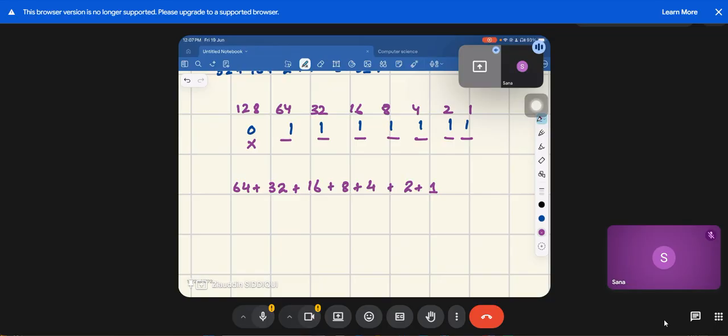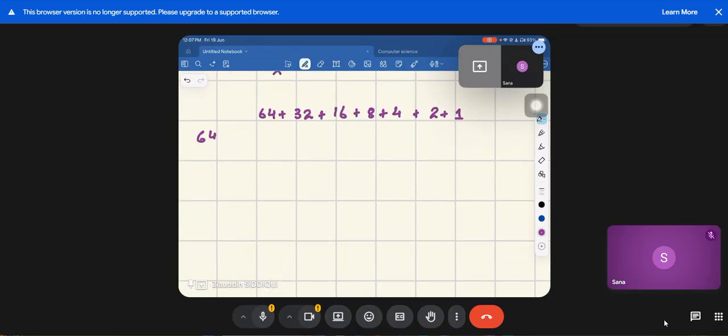So this is going to be 4 plus 2, 6. 6 and 6, 12. 12 plus 8 is 20. 20 plus 4 is 24. 24 plus 2 is 26. And 1, 27. Then 6 plus 2 is 8. 8 and 3, 11. 11 and 1, 12. So this is going to be 127. So 127 is your answer.